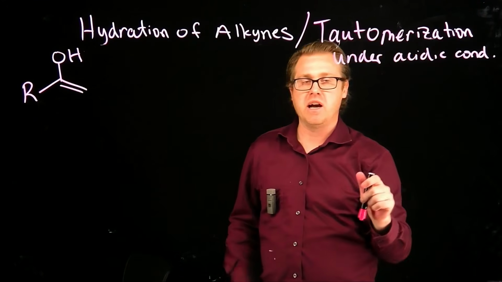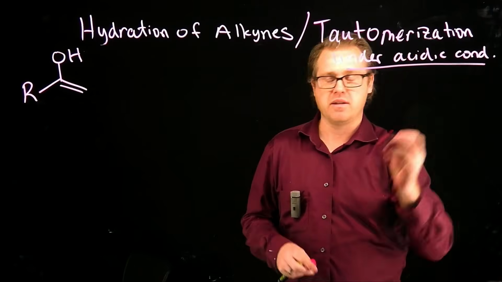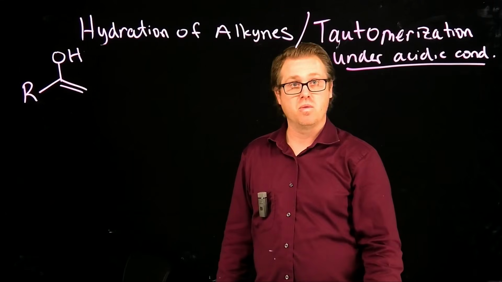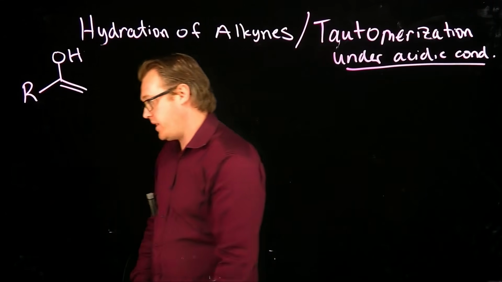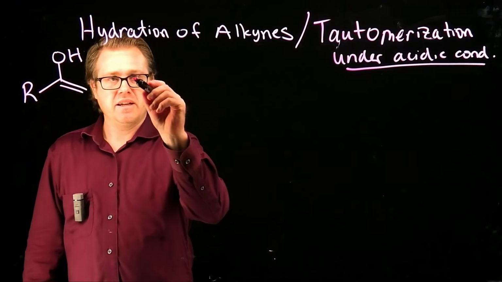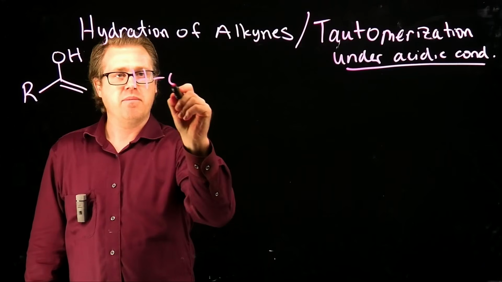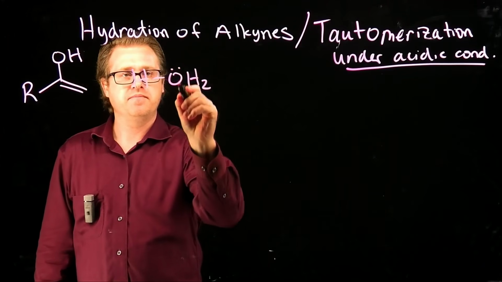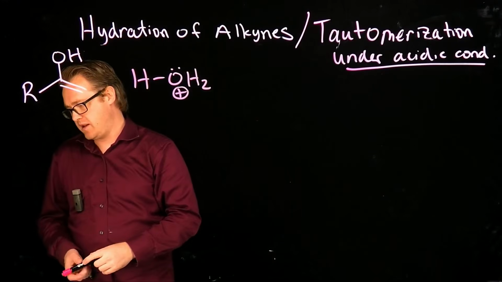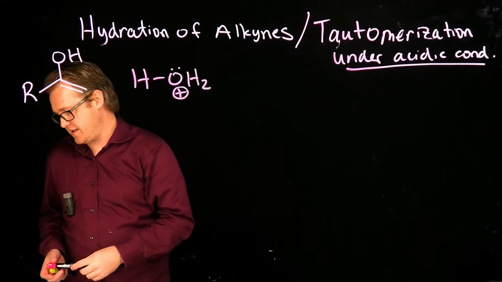That's really important to understand, because we can have tautomerization under basic conditions as well, and the mechanism is going to be a little bit different. So under acidic conditions, we can represent the acid as hydronium. It's not really too critical for me to know exactly which one it is.